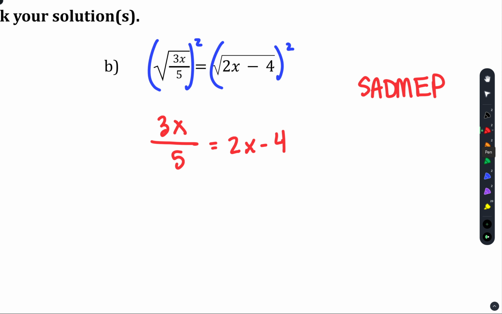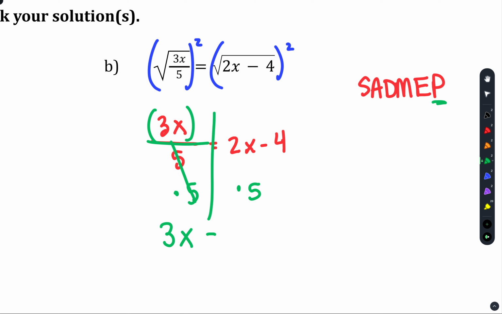I know based on last problem, I want to move all of my variables to the same side. However, can I move this 3x the way that it is right now? No, because fractions are like the P in SADMEP. They're parentheses. That means I cannot do anything to it. It is trapped until I move this 5 by multiplication. So that side is nice and done now.